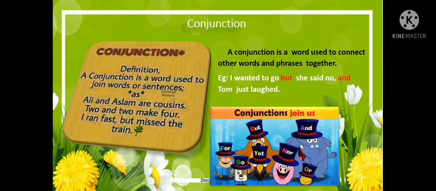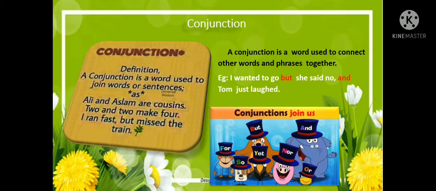Conjunction. A conjunction is a word used to connect words, phrases, or sentences. Yes, students, it joins two words or sentences. For example, I wanted to go, but she said no, and Tom just laughed.